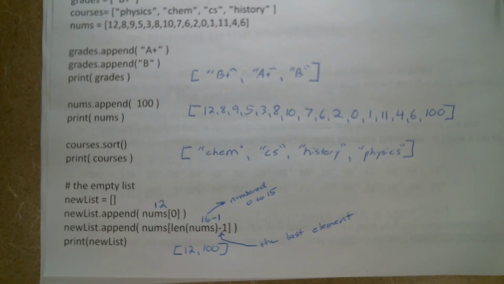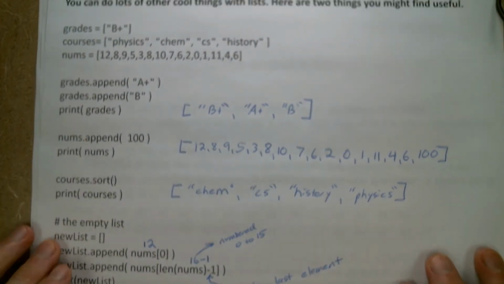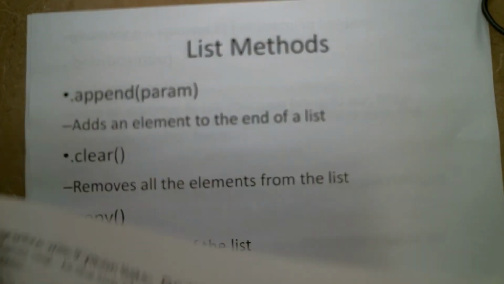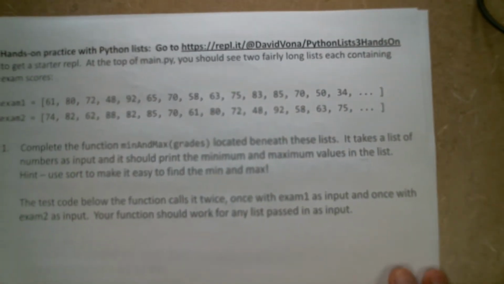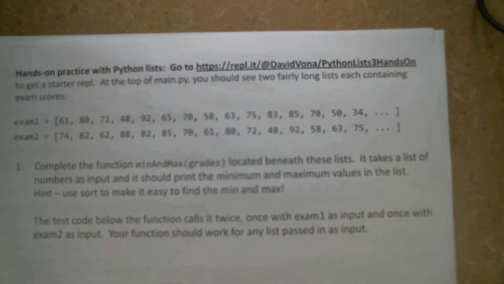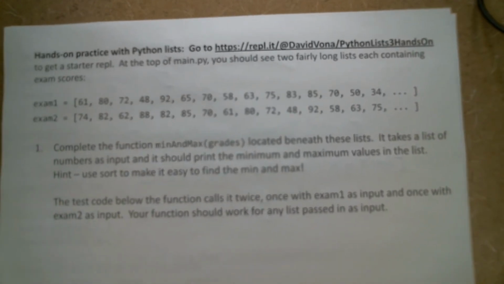So let's see if we can use these tools to answer this question. Again, another link, same as before. It's in the Google Classroom or it's linked right on this presentation. But you should see two fairly long lists containing a bunch of exam grades. It says complete the function min max.